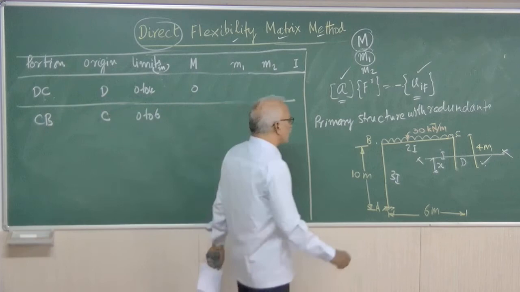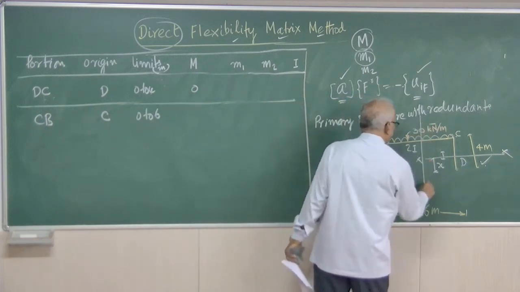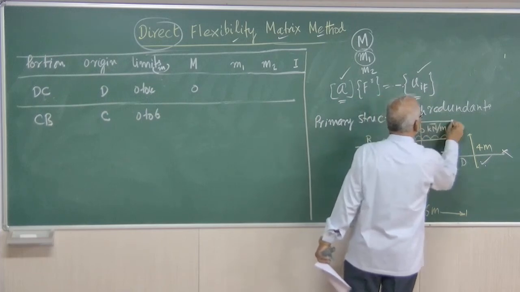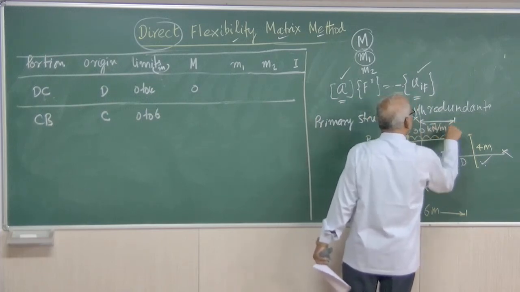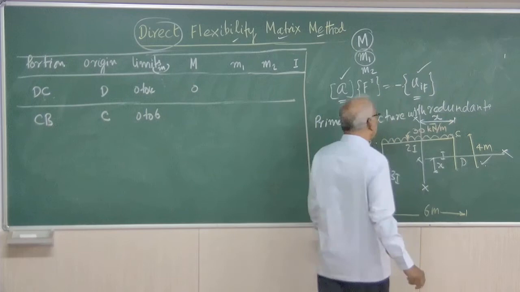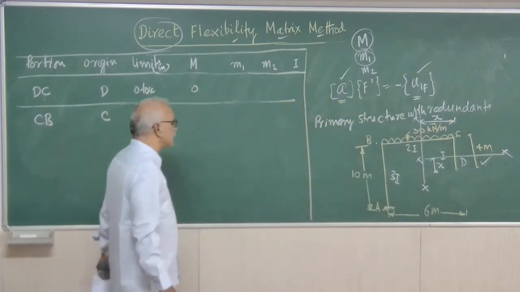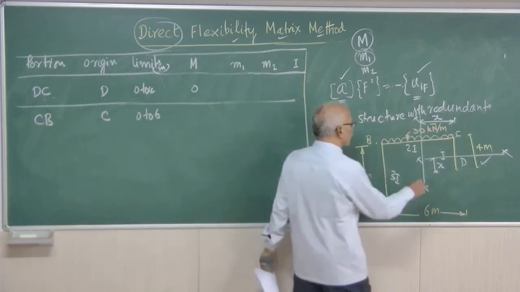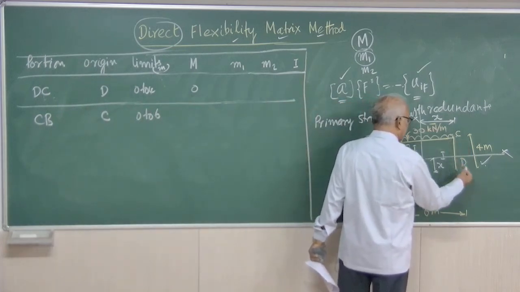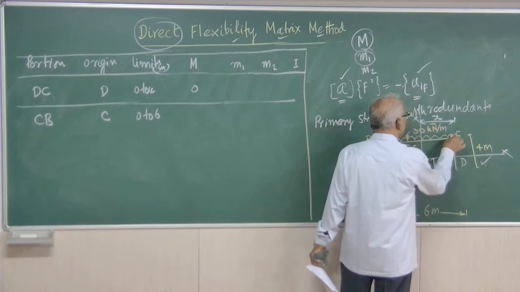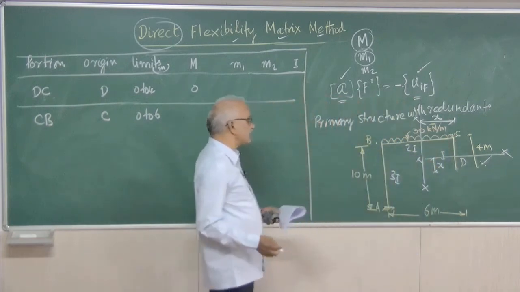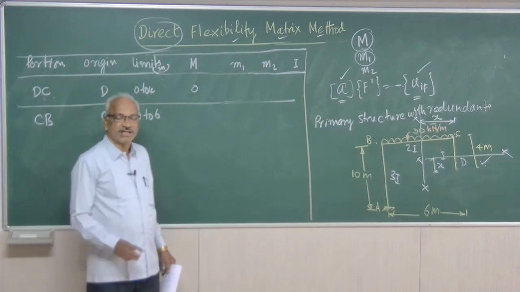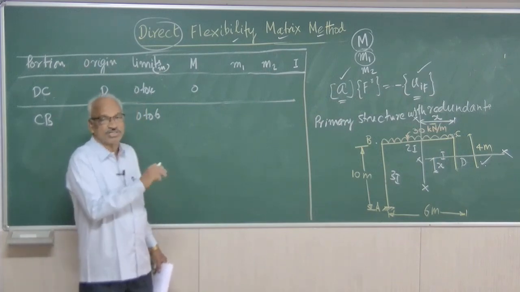Now, for this Mx, when we take XX, x is measured from C. Mx equal to: there is no load after C, only we have UDL to the right of the section XX. So that UDL is downwards, therefore that will cause clockwise moment about the section.